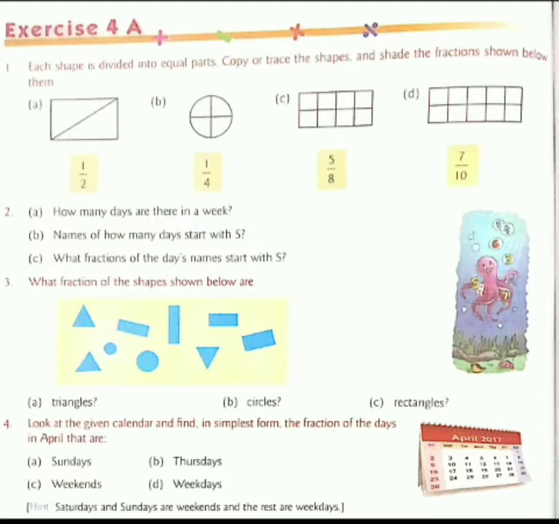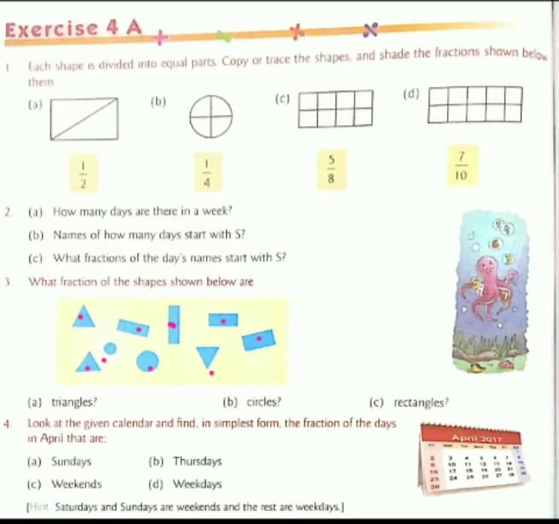And question number 3. What fraction of the shapes shown below are triangles? So students, how many total shapes are there? Just count it. 1, 2, 3, 4, 5, 6, 7, 8, 9. There are 9 shapes. Okay. Total shapes are 9.